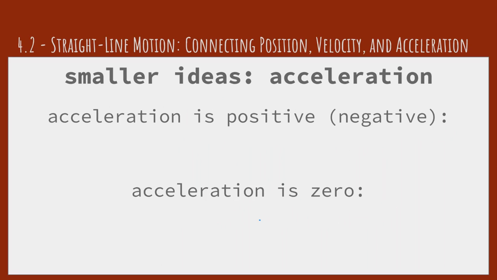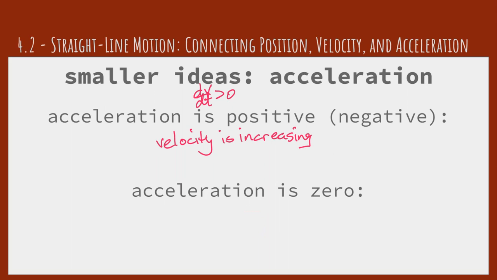If we look at this in terms of acceleration, if the acceleration is positive, remember acceleration is the derivative of velocity, so that means that dv/dt is positive. And so that's telling us that the velocity is increasing. Now, it's really important that we don't misinterpret the velocity increasing as going faster.